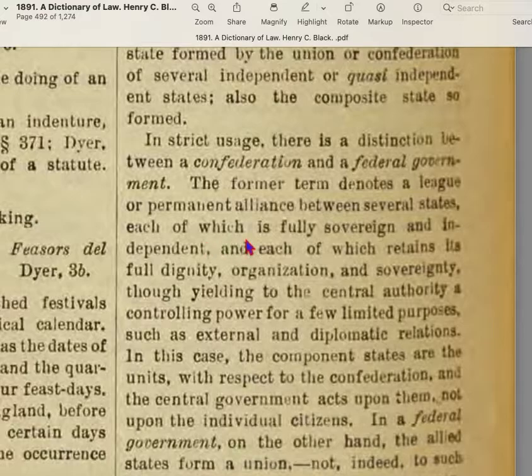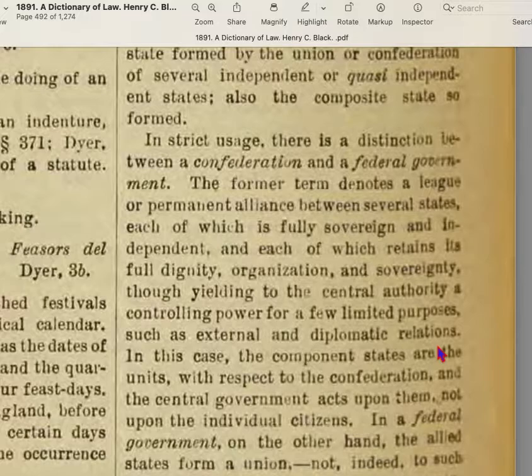Each of the states which is fully sovereign and independent, and each of which retains its full dignity, organization, and sovereignty through yielding to the central authority a controlling power, so just a very limited power, for a few limited purposes, such as external and diplomatic relations.